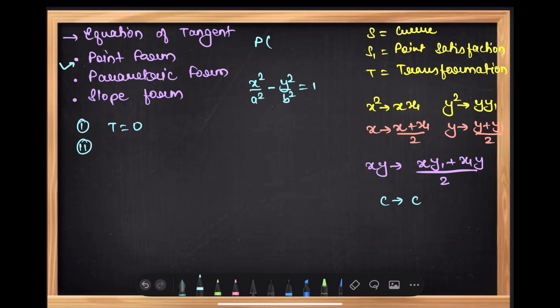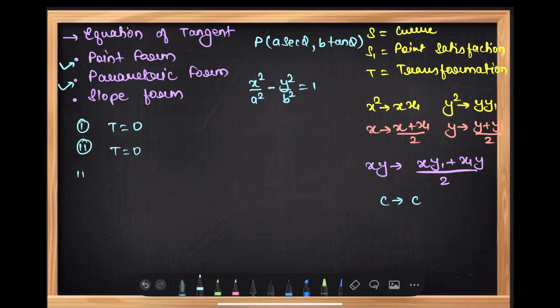So we will take help of that. So we will take the point as (a sec theta, b tan theta). So we got a point on the curve. Now we will put T equals to 0. We will get equation of tangent in parametric form.